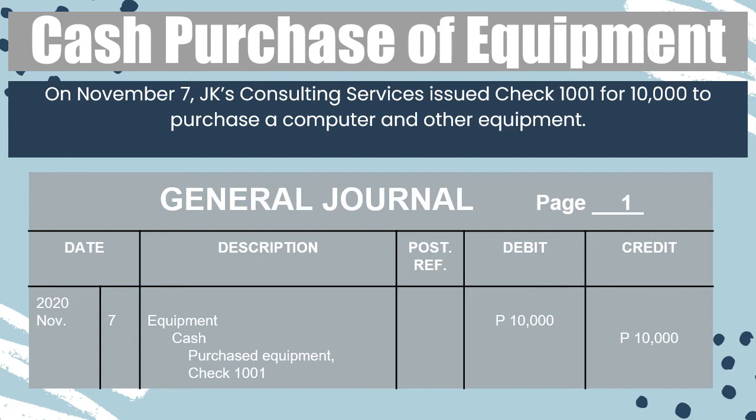So, dapat balance ang debit at credit. What is the explanation here? So, purchase equipment with a check or issued check 1001. Dapat nakalagay yung check para alam na cheque ang pinangbayad natin dun sa equipment.